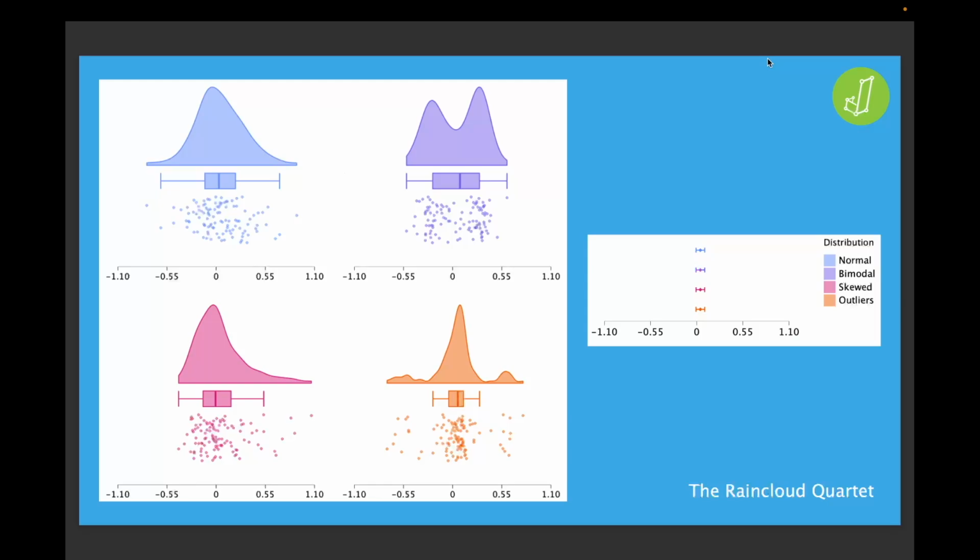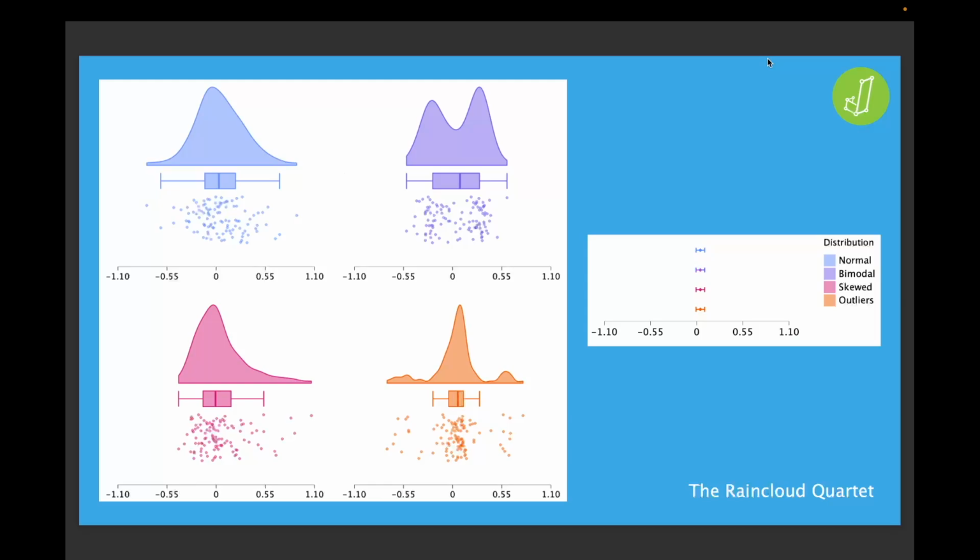On a macroscopic level, you can already see that there seem to be 4 clouds, right? We have the raw data points, which are kind of raining from the box plot and the probability density function above. And together, each of these 3 elements, the raw data points, the box plot, and the density function, they together make up a Raincloud plot.